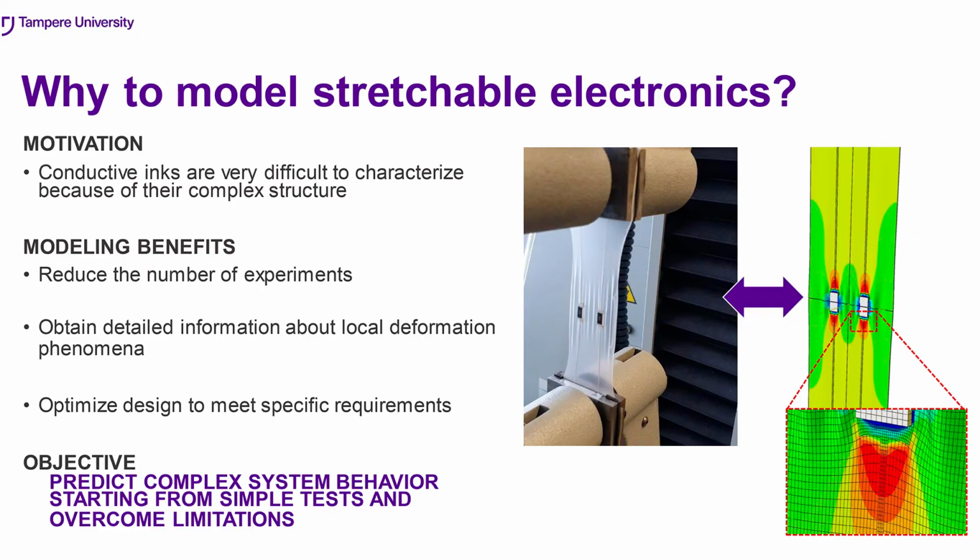This is because modeling allows us to greatly reduce the amount of tests needed to characterize the material. It allows us to get localized information about deformation fields and how the system behaves with deformation. And in the long run, it will help us to predict the complex system behavior and give us some way to turn, for example, limitations into features by working on geometry and other properties of these materials.